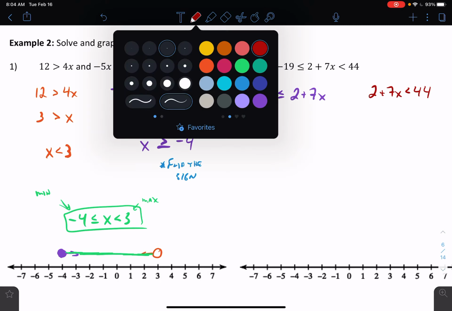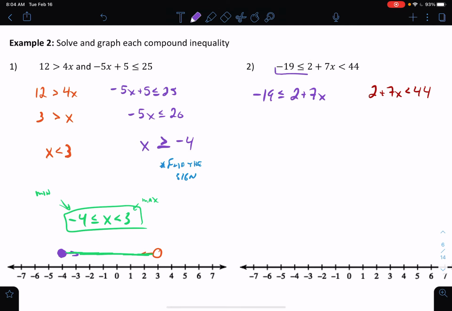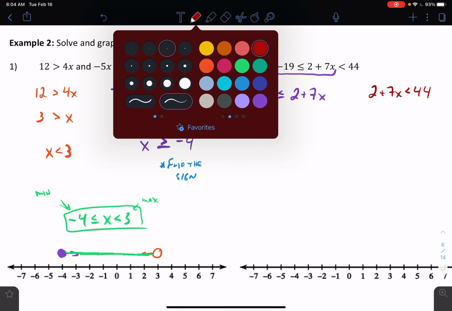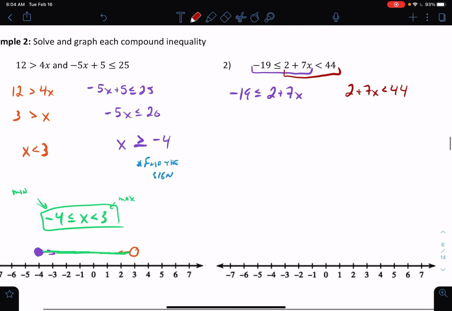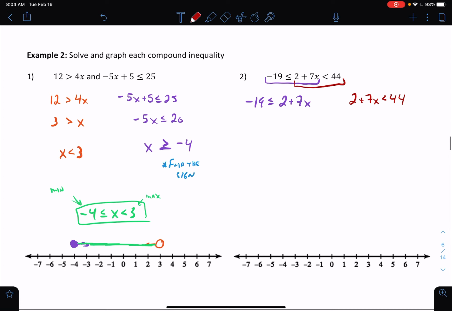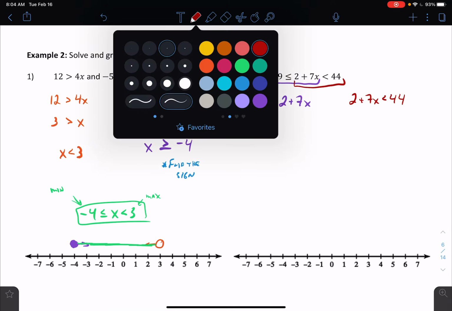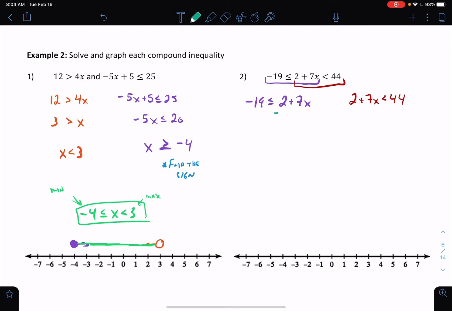So I'm basically splitting this up into the first inequality and the second inequality. This just makes it a little bit easier to solve, just by splitting it up, not trying to do everything all at once. So this first one, subtract 2 from both sides, negative 21 less than or equal to 7x.